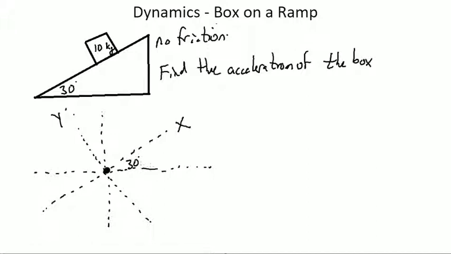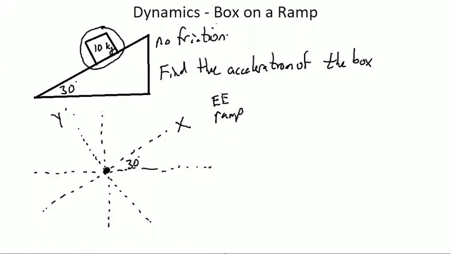That's going to be important here in a minute. I'm just trying to get the information organized onto my force diagram. So, I'm going to get my forces. Looking at the box, declaring that to be my system, there are two things interacting with the box: the earth, and the ramp, which is our surface.